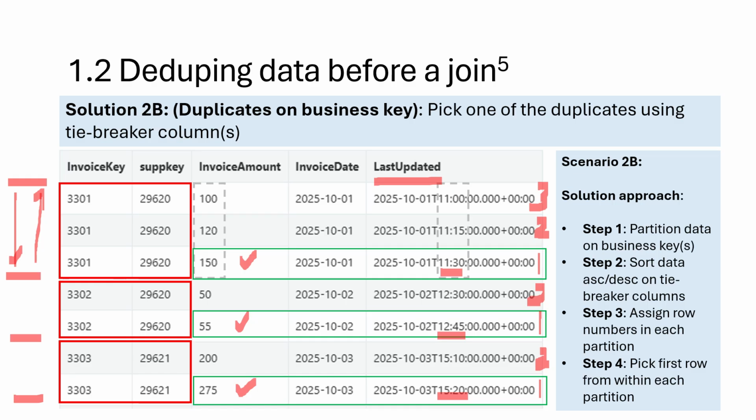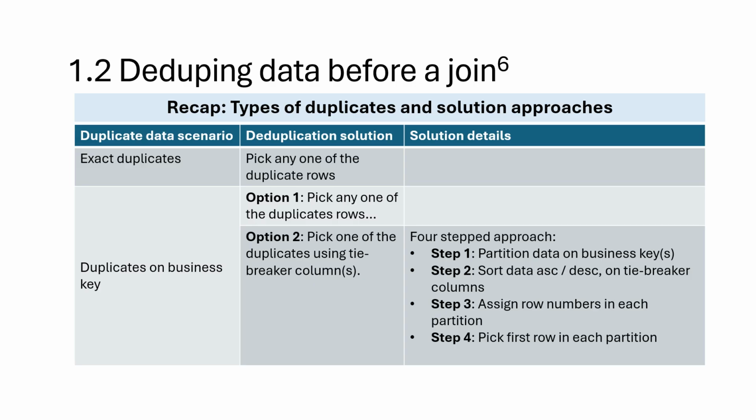Having discussed the three different scenarios for duplicate data, let us recap quickly. A quick recap on the types of duplicate data and the solutions for the same. There are two types of duplicate data: exact duplicates and duplicates on business keys. Exact duplicates are duplicate data where two or more rows have identical values across all columns.